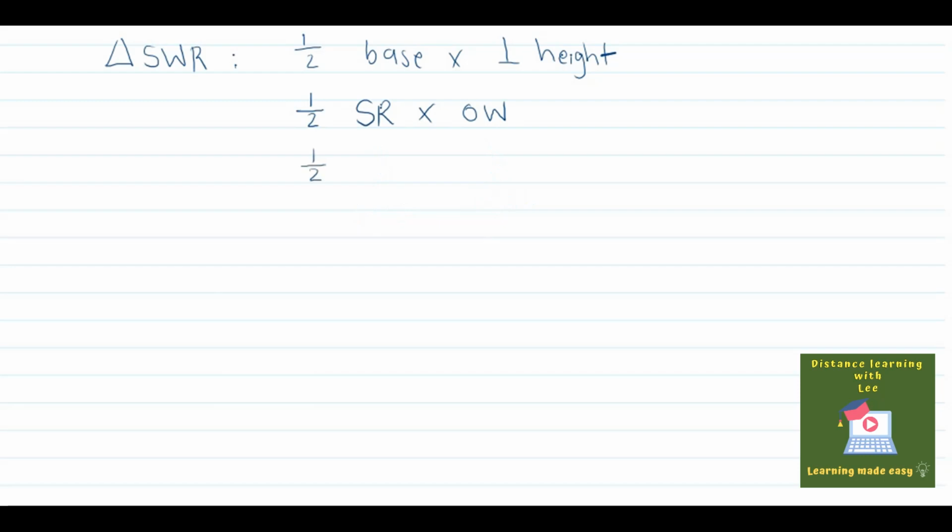So it's going to be half our SR, which is 17.23, multiplied by the perpendicular height, which we found to be our OW, which is 13.37. You put that into your calculator, you get 115.18. And guys, this is basically the area of triangle SWR, in units squared.